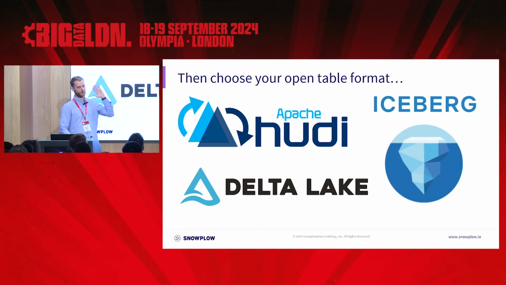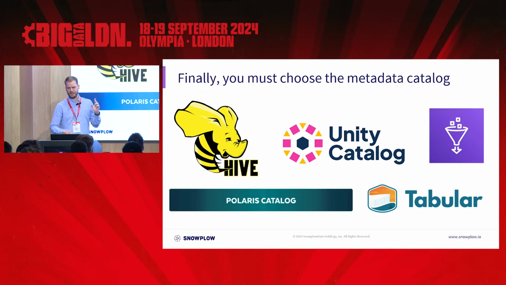So you've got your cloud, you've got your query engine, and you've got your open table format. And now you've got to choose the metadata catalog that you're going to use with this. And this will be heavily dependent on your choice of cloud and the query engine and the open table format that you chose. So if you're on AWS, should you go with the Glue catalog or something else, like the Hive Metastore, which is still very popular?